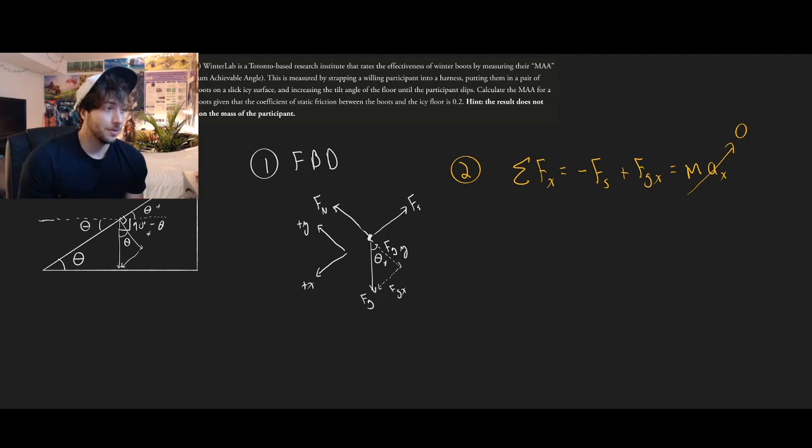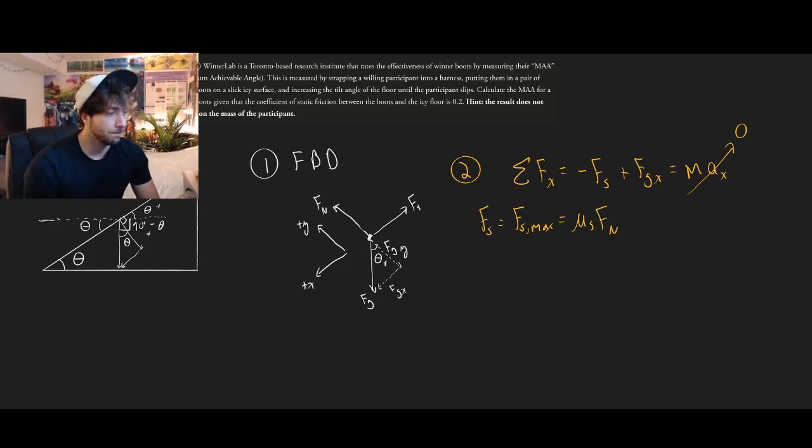And that happens specifically when our friction force is maximized. And remember that our maximum friction or static friction force between two surfaces is given by the coefficient of static friction times the normal force.